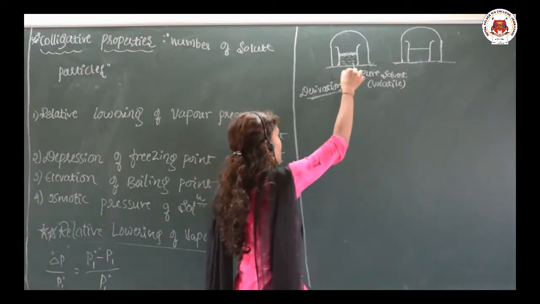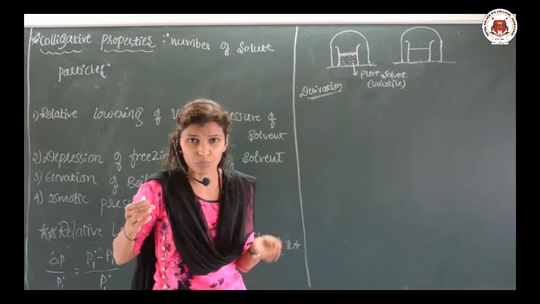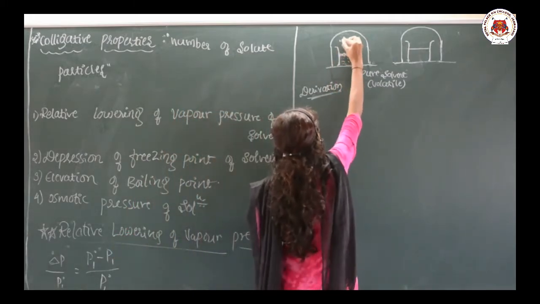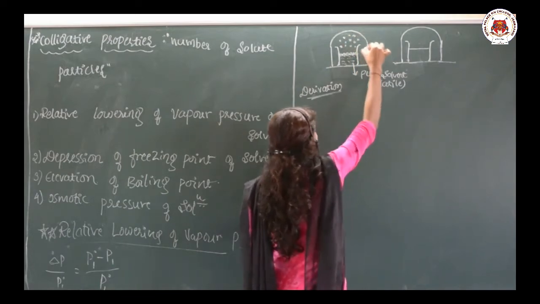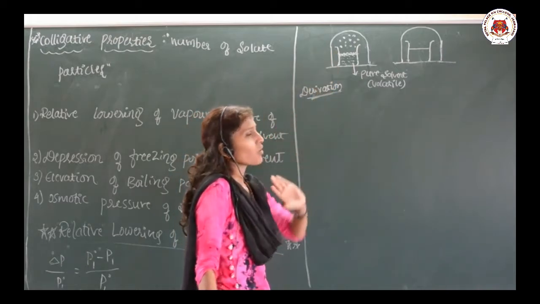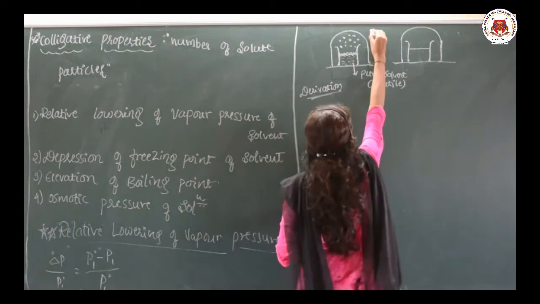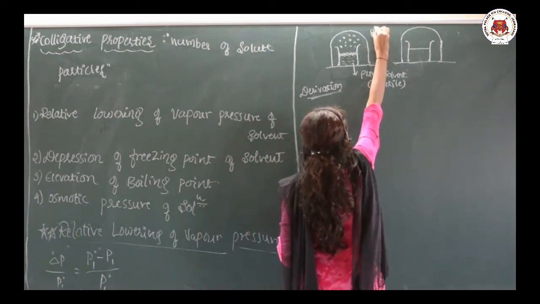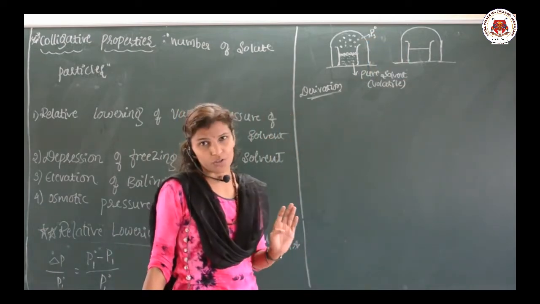It means the particles of the solvent will form vapors, and that vapor will exert pressure. That is what we call the vapor pressure of the component in the pure form, that is P1 naught.